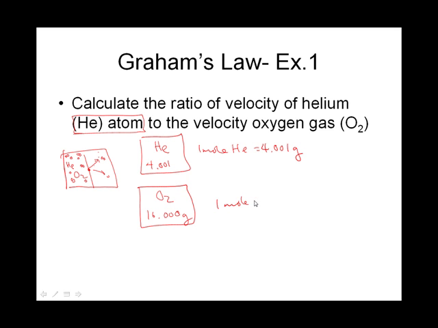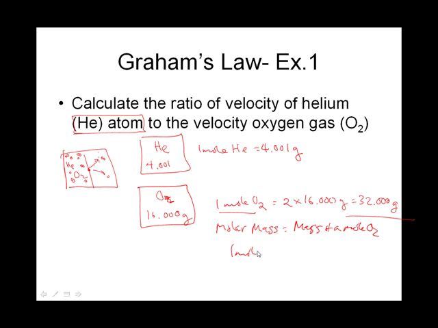And so 1 mole of oxygen, this is just O2, is going to equal 2 times 16.00 grams, which comes out to be 32.00 grams. Okay, and so I know that this is my molar mass. Molar mass, meaning the mass of a mole of oxygen, which is 1 mole of oxygen gas now equals 32.00 grams. Okay, so those are my molar masses.